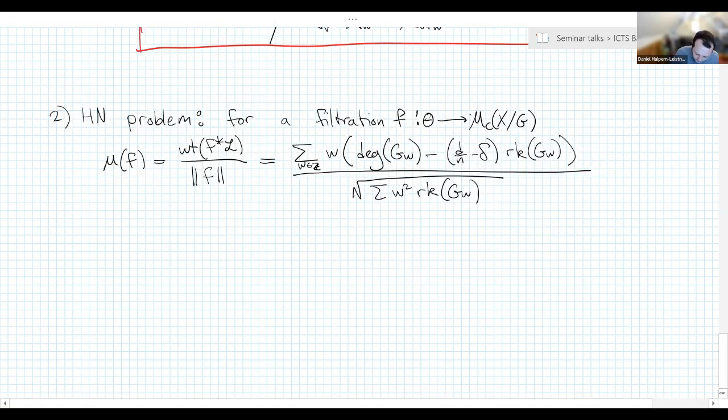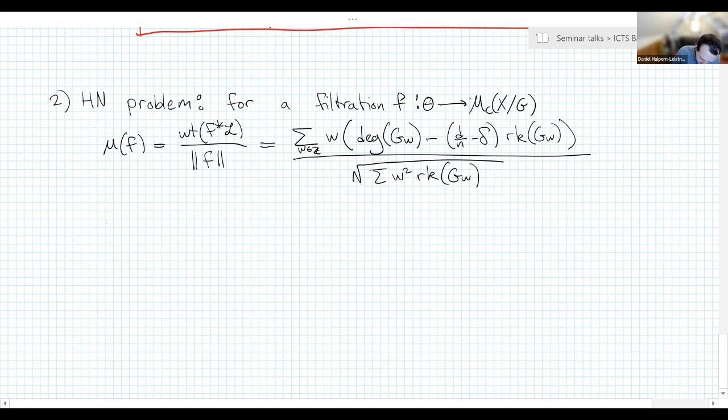This is called the numerical invariant, and the canonical filtration, or an HN filtration.